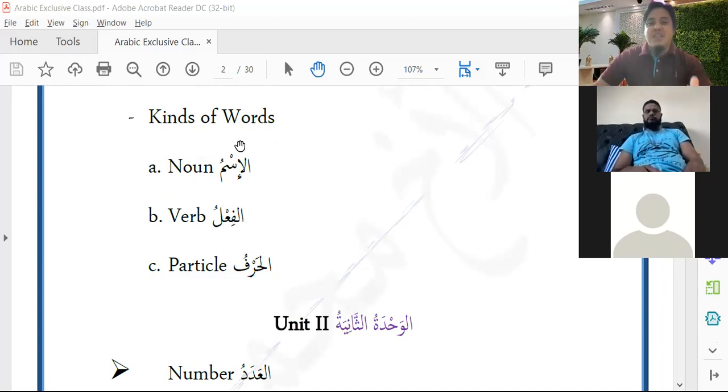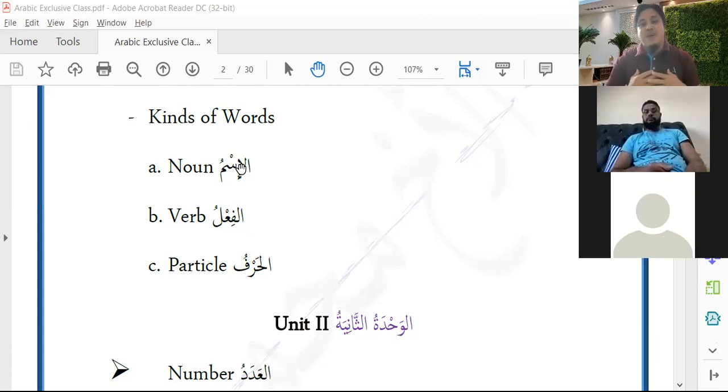So now we have the three words in Arabic: al-ism, al-fi'l, al-harf. How I understand this, al-ism is translated into English grammar as noun instead of name. Because actually al-ism in Arabic is name.